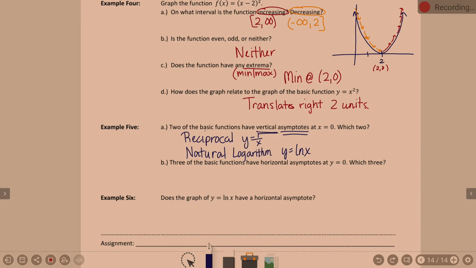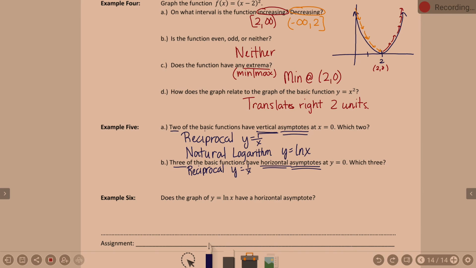Are you guys okay with part A? Yes. Because now we get to do part B, which says 3 of them have horizontal asymptotes. Reciprocal. Yes. Does reciprocal get to count again? Yeah, reciprocal gets to count again.